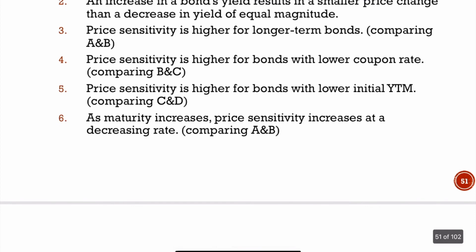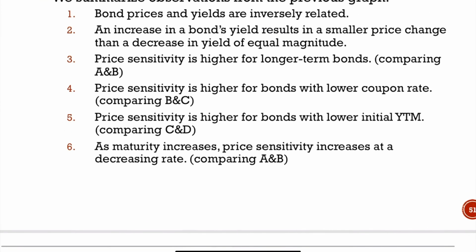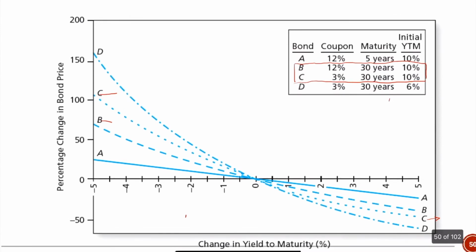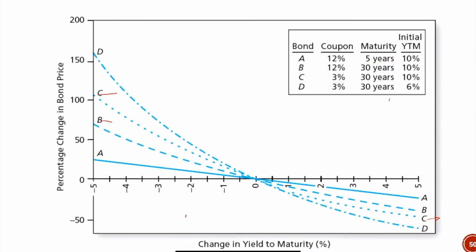Okay, let's talk about the fifth observation. Price sensitivity is higher for bonds with lower initial yield. So let's compare C and D to see this result. For these two, you can see that C has a higher initial yield and D has a lower initial yield.